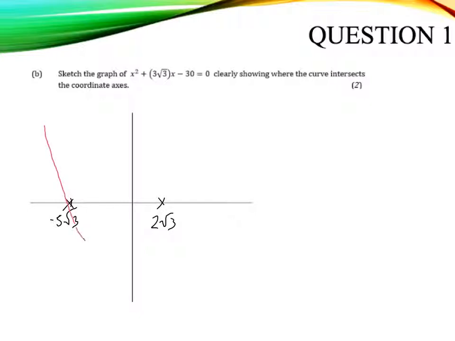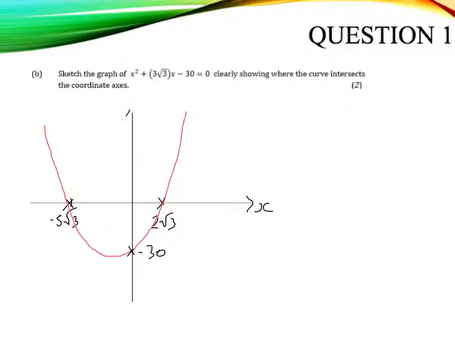So it's going to come down, something like this, and this is the graph, clearly showing where the curve intersects the coordinate axes. Now, I've got my 2 x points marked clearly on. I haven't yet put on where it crosses the y-axis, and this is at minus 30.